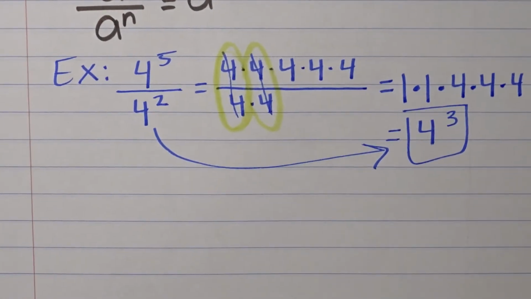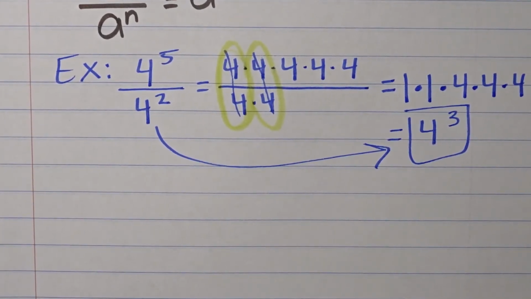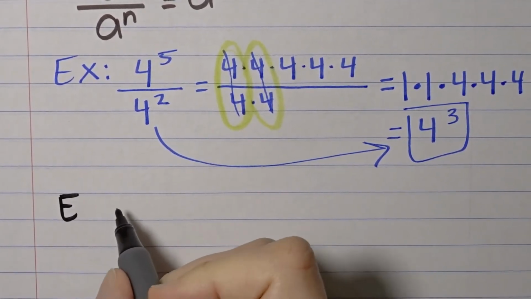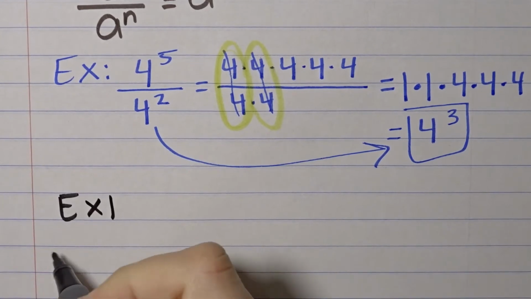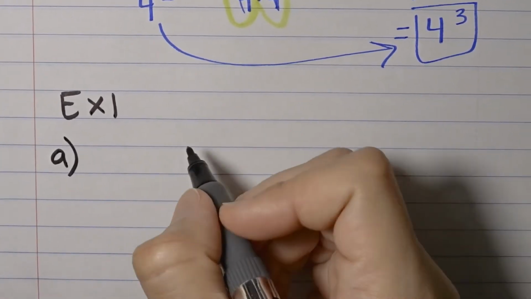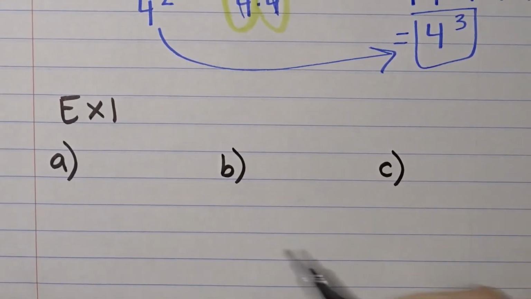All right, so let's apply this to our first example. That was just an example to show you how the property works. Now I want you to do an example using the shortcut for this property. We don't want to have to write it all out in expanded form and waste time. Let's save some time.